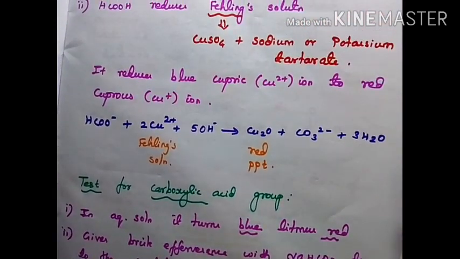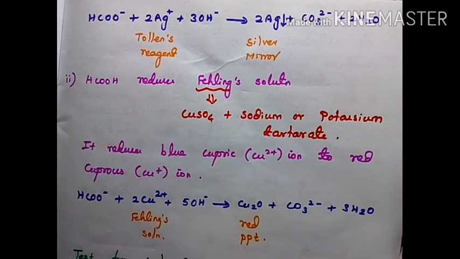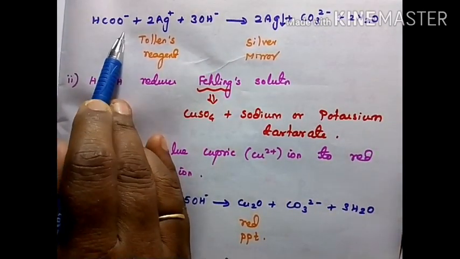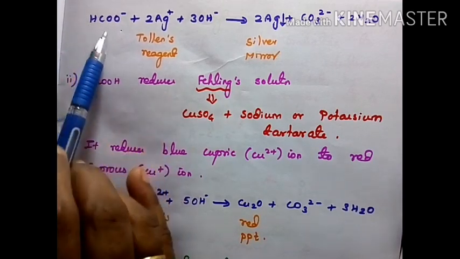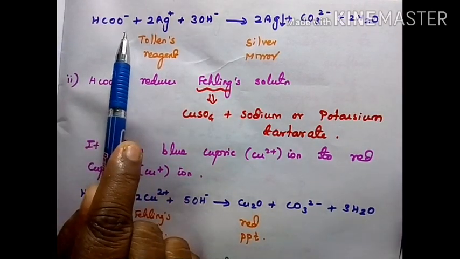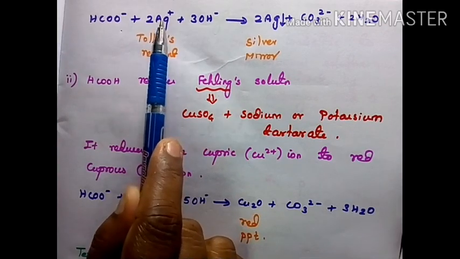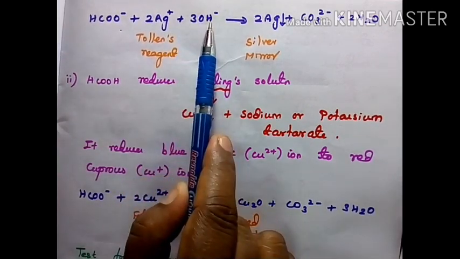And how does this reaction take place? This HCOO minus, formate ion. We are going to see the reaction in ionic form here. HCOO minus plus 2Ag plus, that is silver nitrate. So, in the ionic reaction we mention Ag plus only.